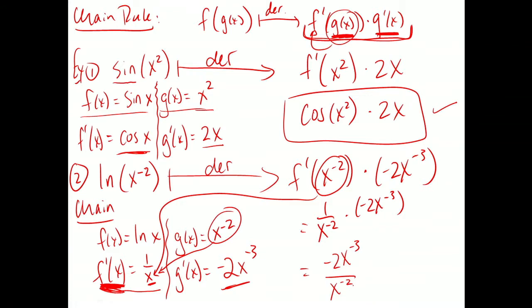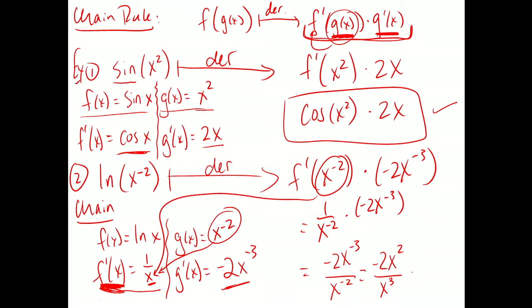They're the same as the positive versions if you move them. So x to the negative 3 on the top is the same as x to the positive 3 on the bottom. And x to the negative 2 on the bottom is the same as x to the positive 2 on the top.